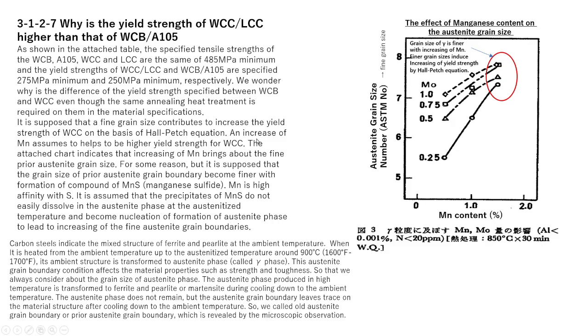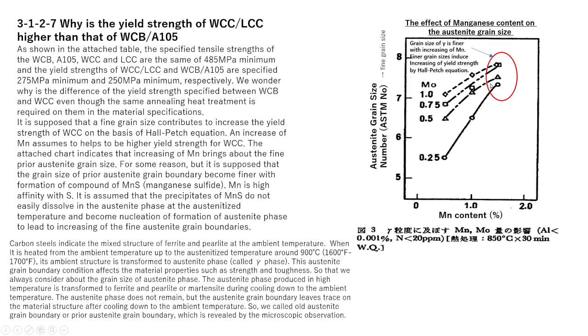An increase of manganese is assumed to help give higher yield strength for WCC. This attached chart indicates that an increase of manganese brings about a finer prior austenite grain size. The chart shows the manganese content effect on grain size.